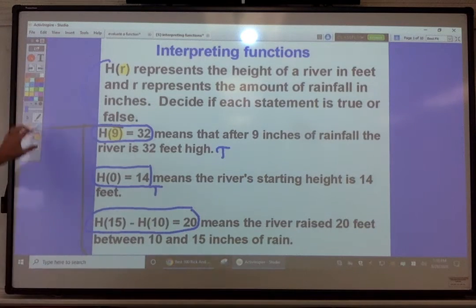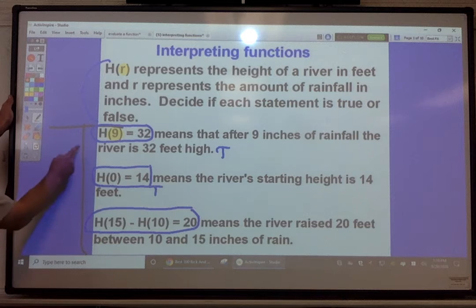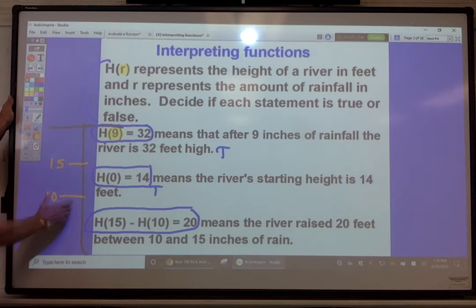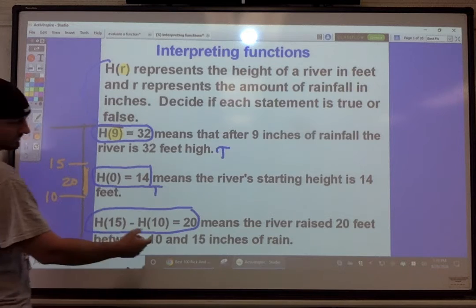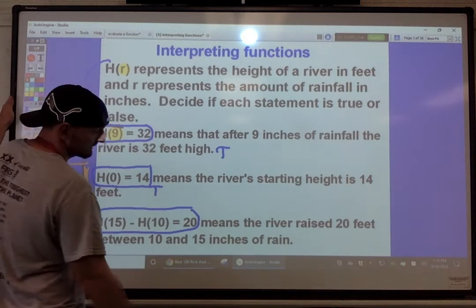So if I subtract the height at 10 inches from the height at 15, it should give me the extra amount that it increased, which they're saying is 20 feet. So did the river rise 20 feet between that? Yes. That is also true.